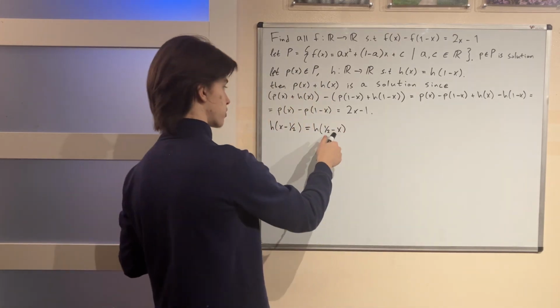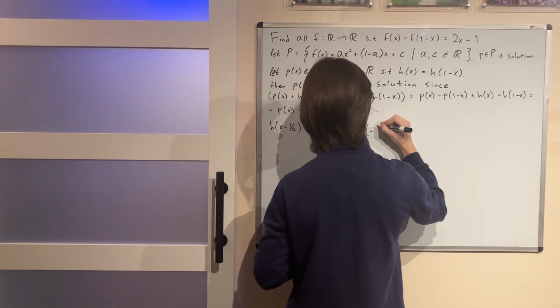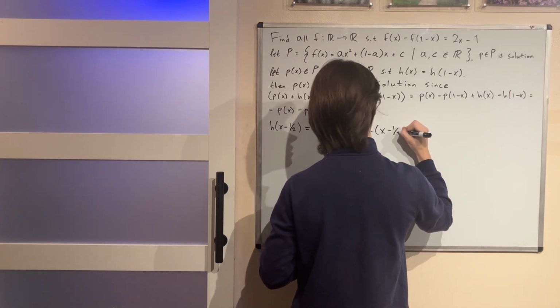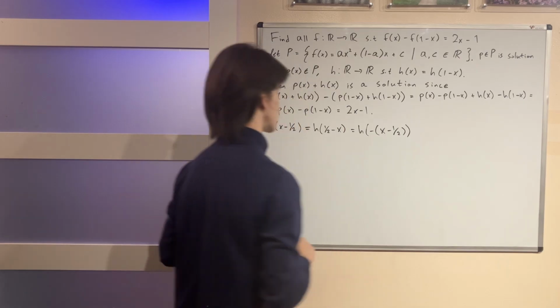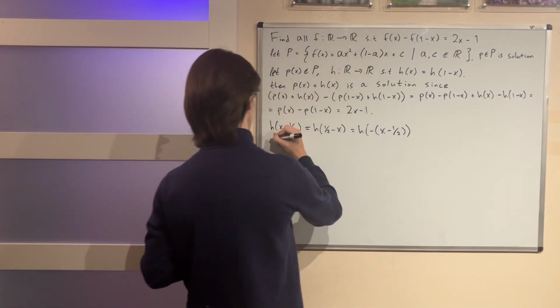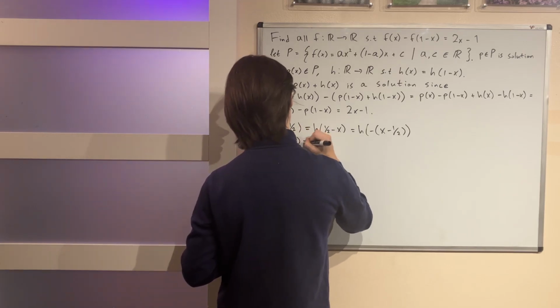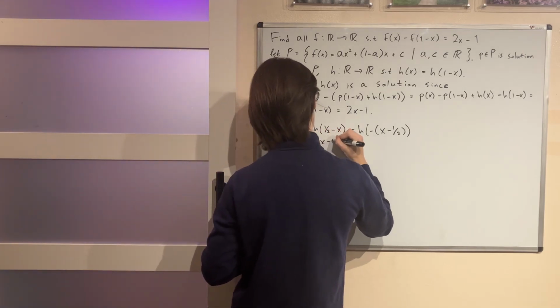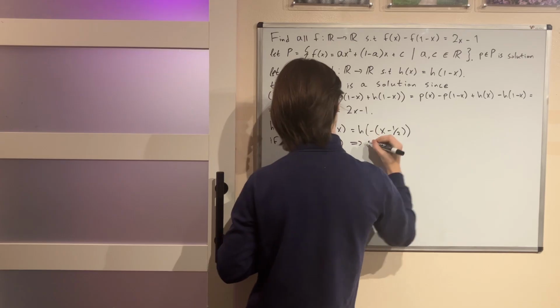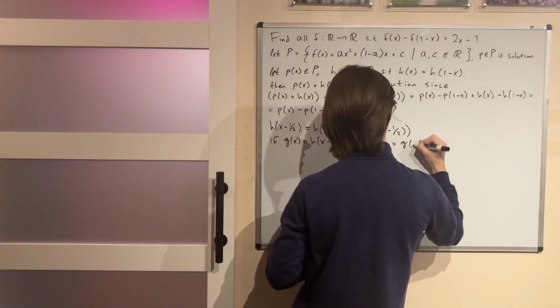And simply factoring out the minus in here, we get this equal to h of minus x minus 1 half. And notice, it's a very interesting property. If g of x was some function equal to h of x minus 1 half, like so, then we see that g of x equals g of minus x.